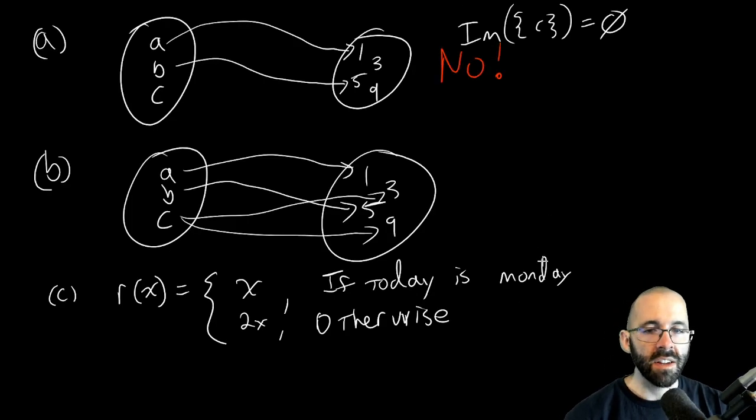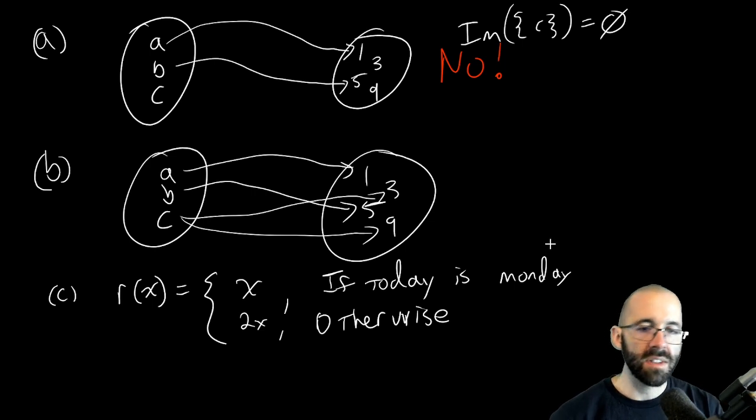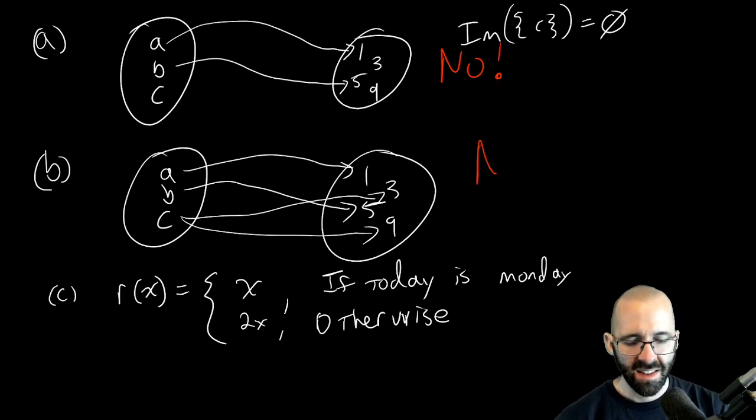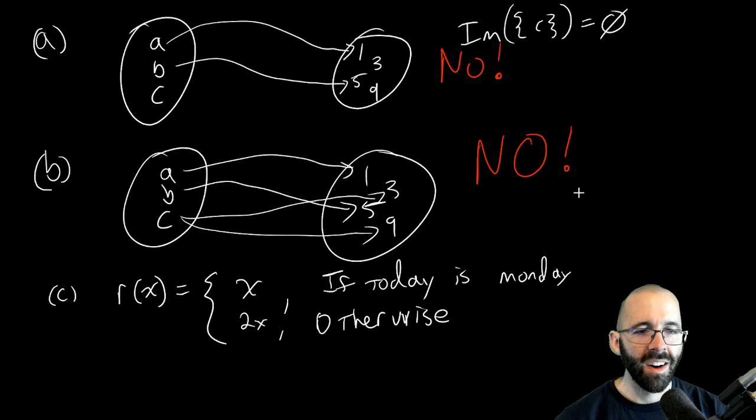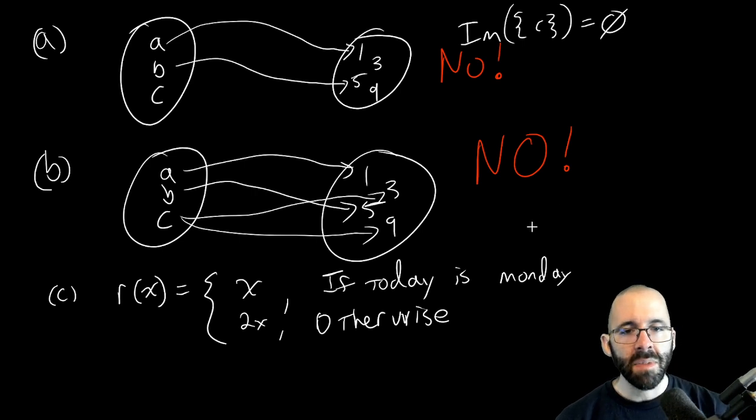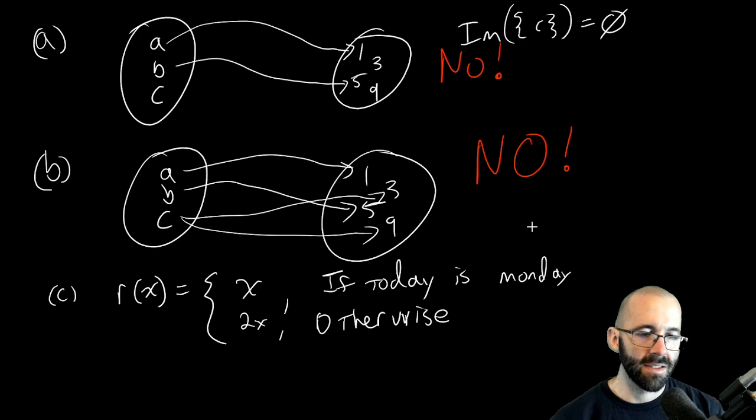The second one was hopefully a little easier. The second one is very similar, but now C goes to 2 places. No. The image must be unique. Okay, C can't go to 2 places.